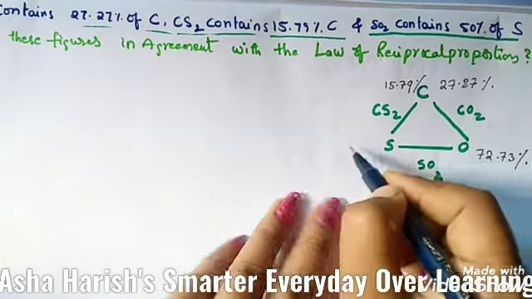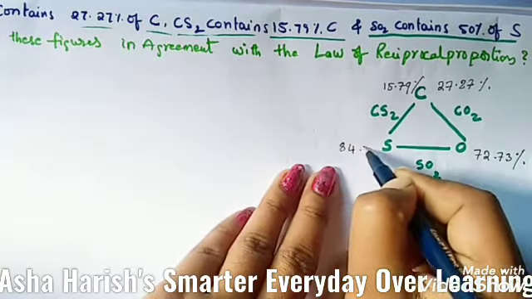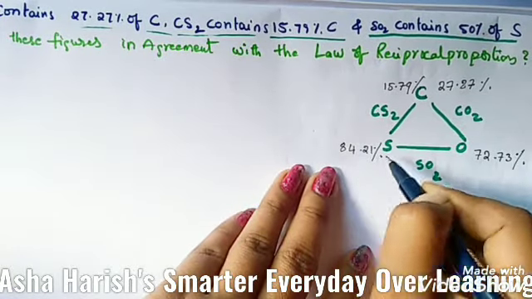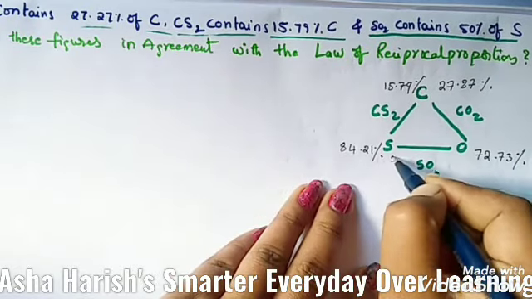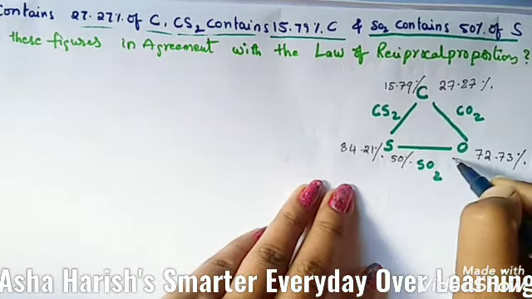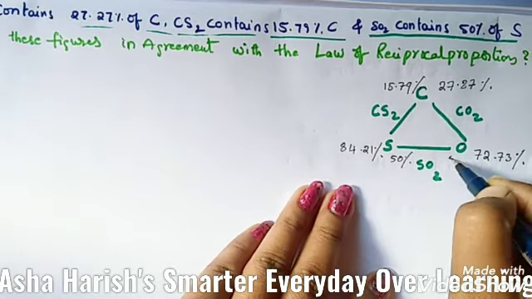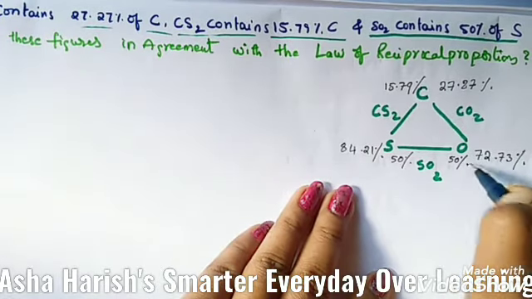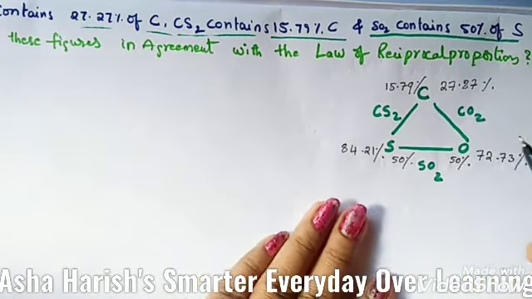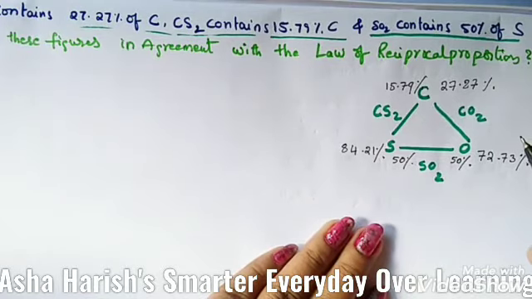And here the sulfur is 84.21%. Here in SO2, sulfur is 50% and oxygen is also 50%. This is the complete data we derived from the question itself.